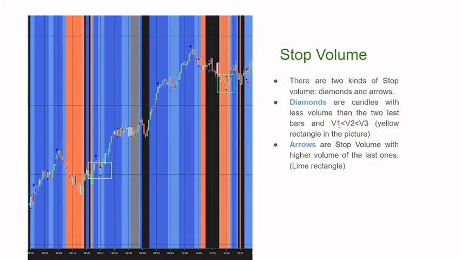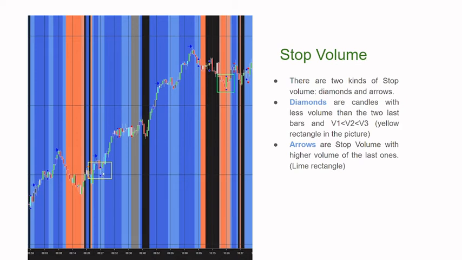The volume of this bar is more than this, and this has the lowest volume of the last 4 bars. Sometimes, like here, you have an indication that the market doesn't want to go lower.